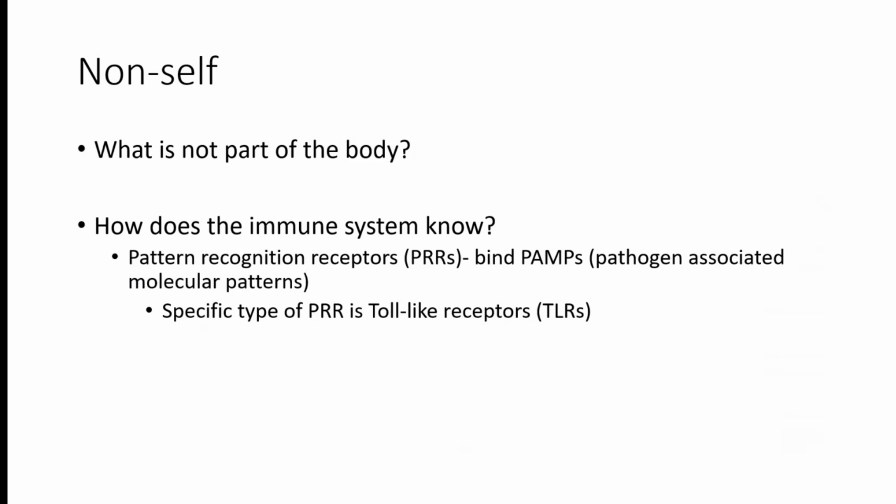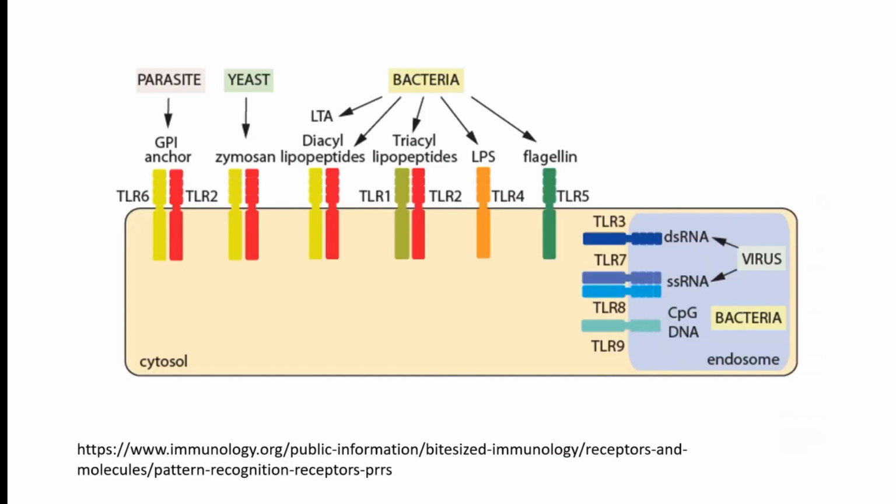So a specific type of a pattern recognition receptor is called a toll-like receptor, a TLR. So for example, imagine that the picture that you're looking at here, the little rectangle, is a human cell, okay? And we have a variety of toll-like receptors on our cell and on some of our internal structures.